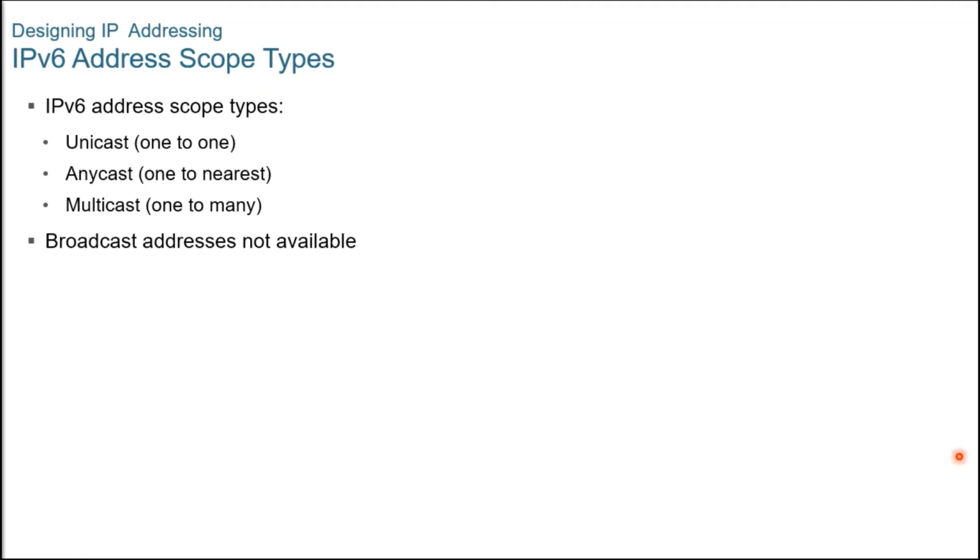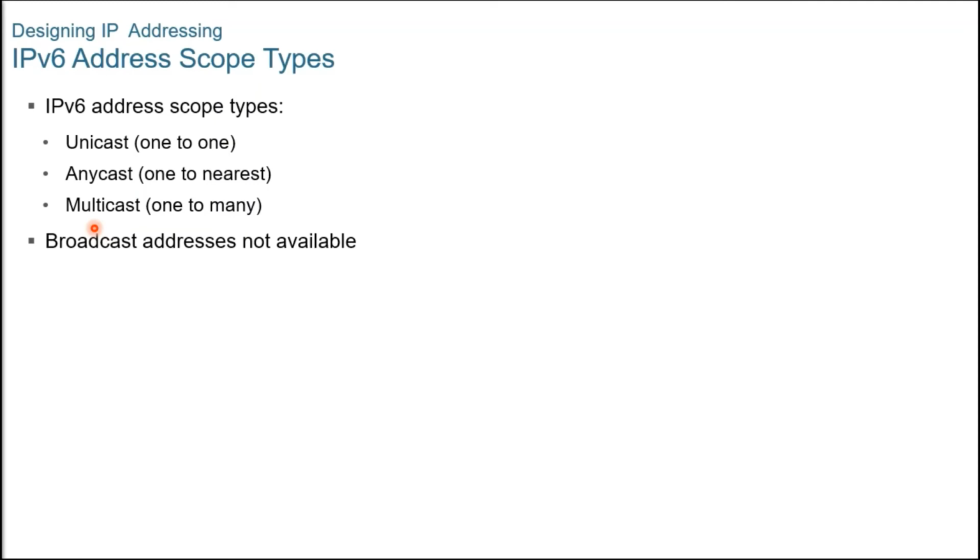Next would be multicast, or one-to-many. Similar to IPv4 multicast, an IPv6 multicast address identifies a set of interfaces in a given scope, typically on different devices. A packet sent to a multicast address is delivered to all interfaces identified by the multicast address in a given scope.